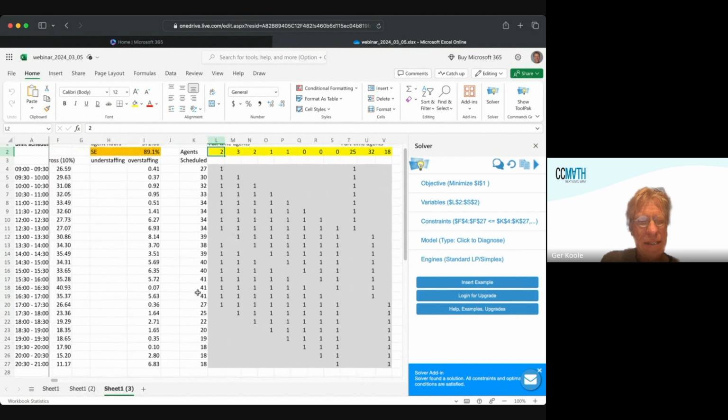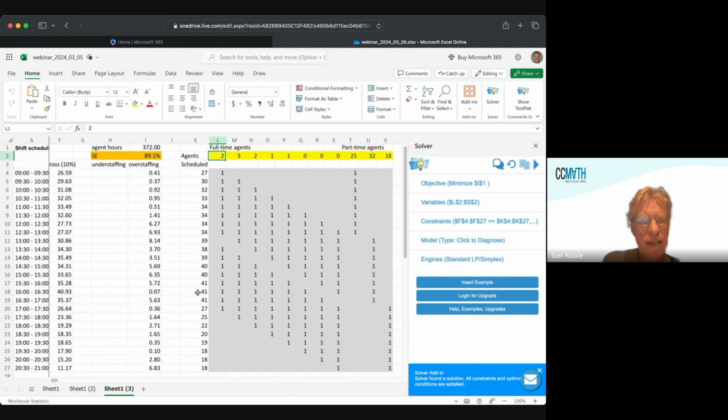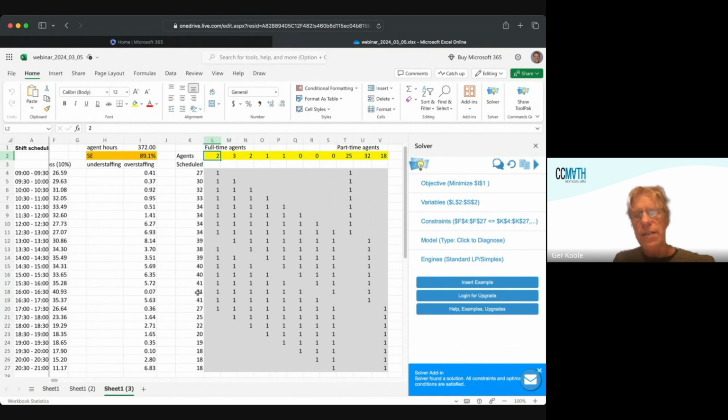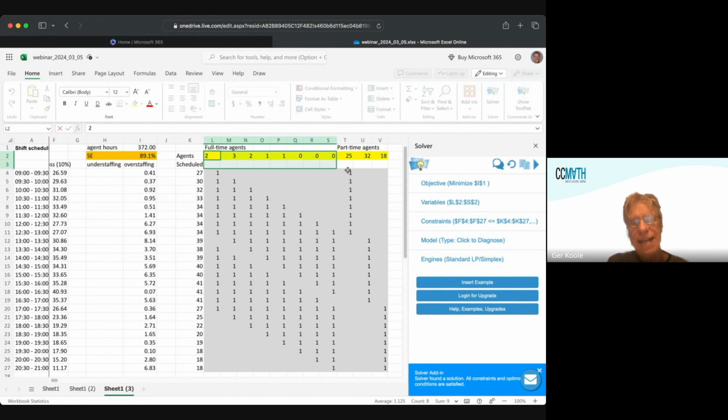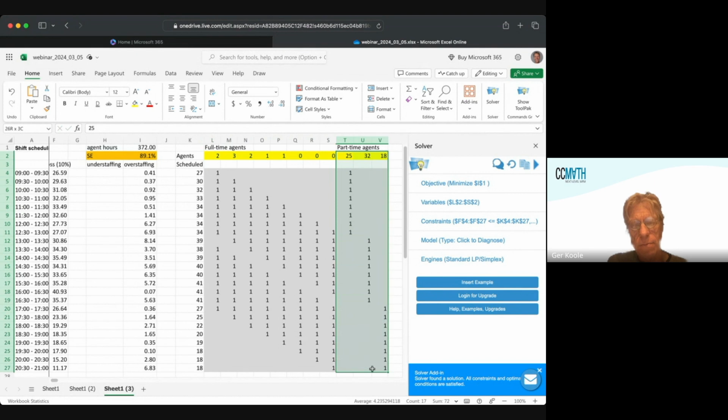Let's not run the solver and everything again, but let me just explain what it says here. So I have here the same full-time shifts. But I added here 3 part-time shifts. Yes, and well, you could add more of them. I just added 3 that cover the whole day.